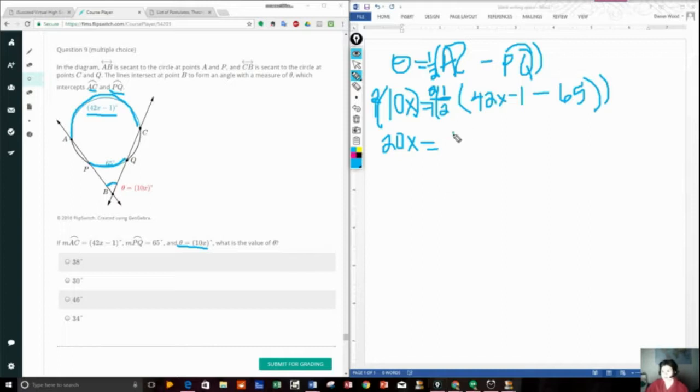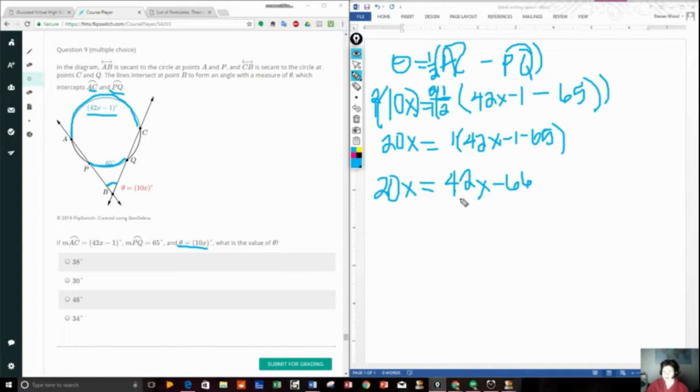So then we're left with 1 times 42x minus 1 minus 65. Okay, so then we have 20x. 1 multiplied to anything does not change its value, so I'm not writing it again. So we have 42x minus 1 minus 65 is minus 66.